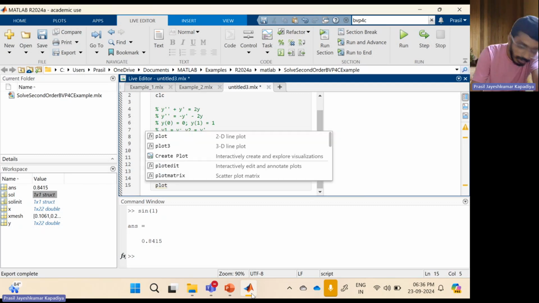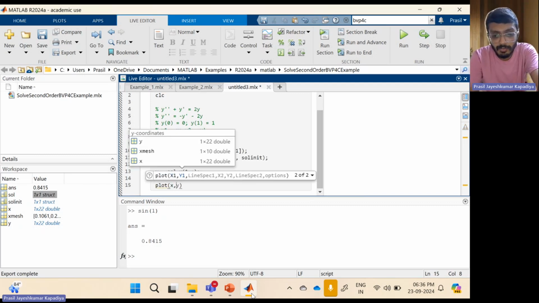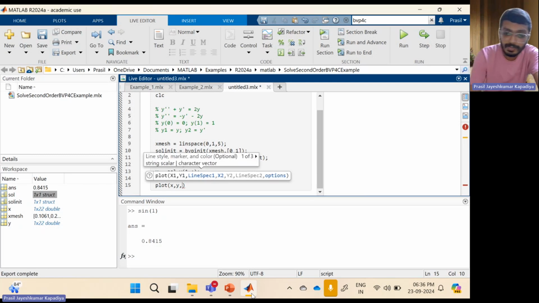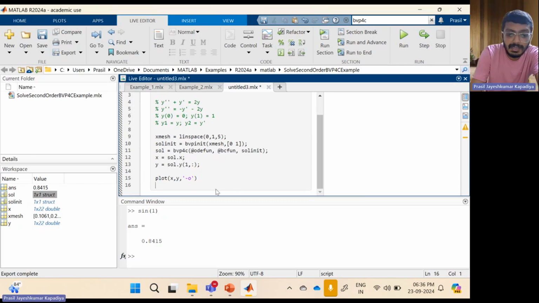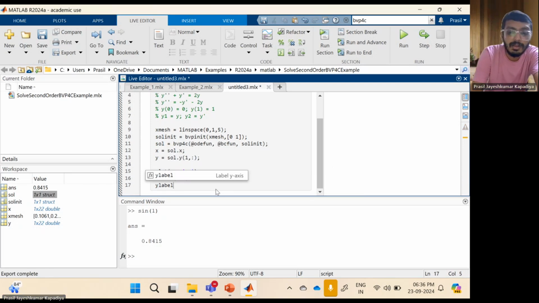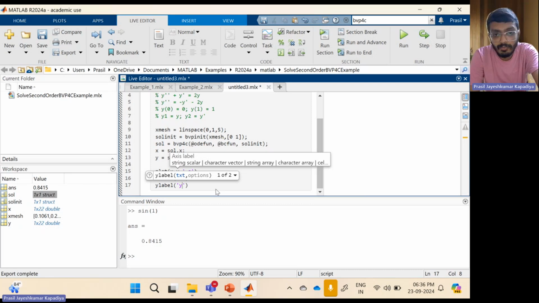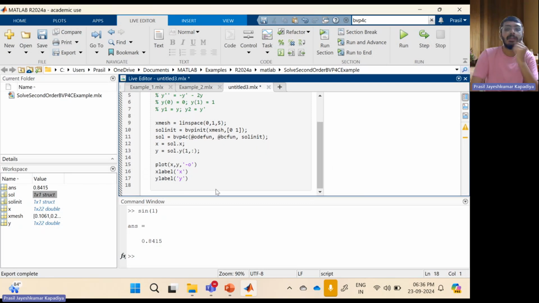Let's do it first, then write down the function. plot x comma y comma, let's say I am putting these squares, okay, with x label as value of x and y label as value of y. Okay, so let's now try to write down the function.